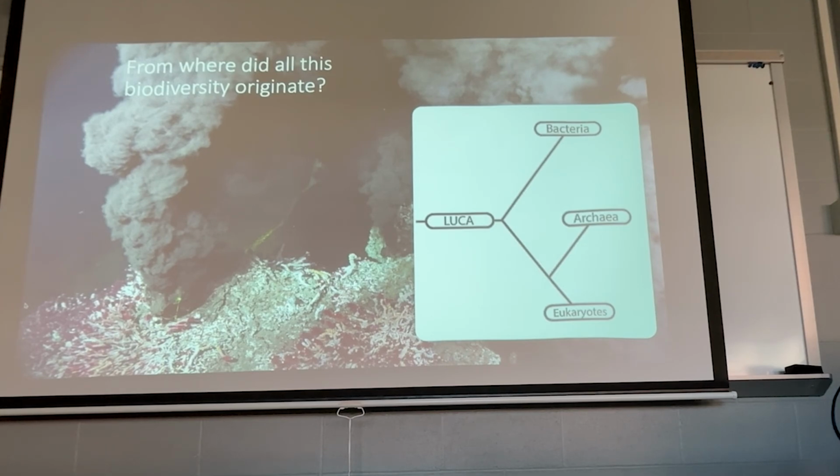We talked about that. And if life originated out of that, then we're going to get some universal common ancestor, right? And we call that universal common ancestor LUCA, the last universal common ancestor. Do we know what LUCA looked like? No. We have no fossils of LUCA. Was LUCA one single organism? Probably not.